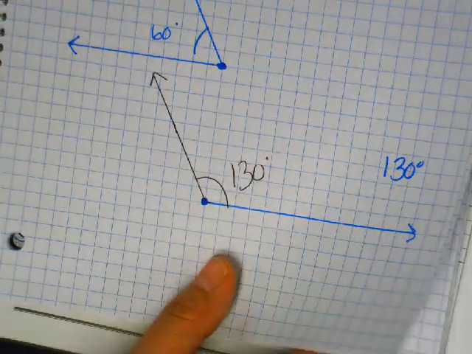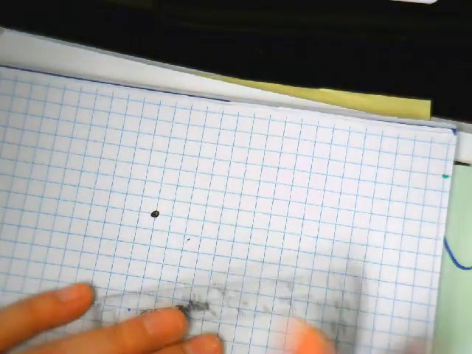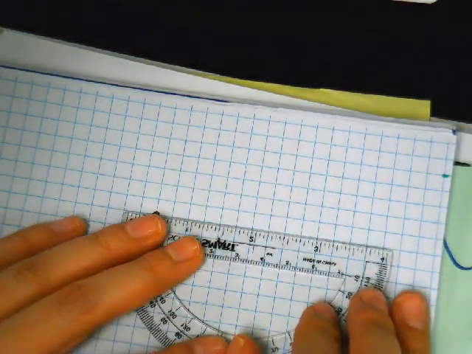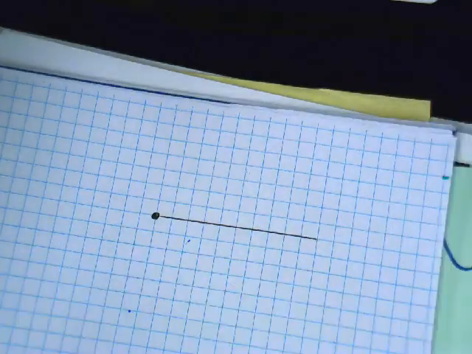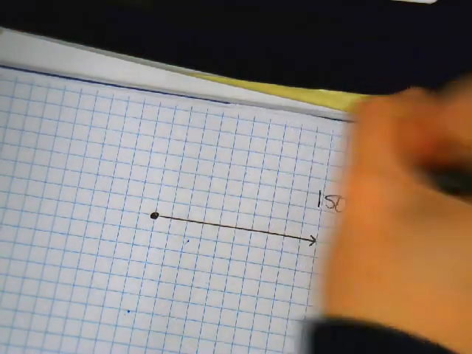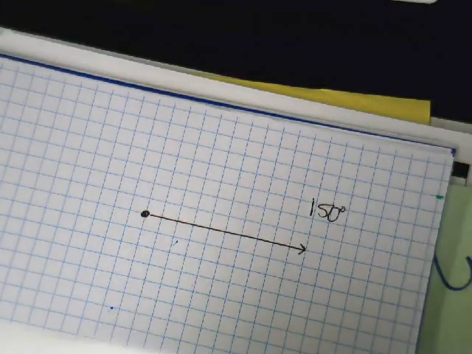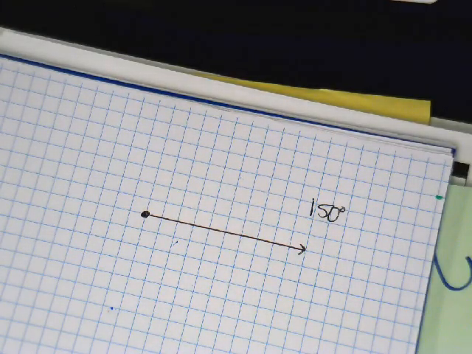Okay, let's try another one. That's a big one. Dot in the middle. Right side again. 150.